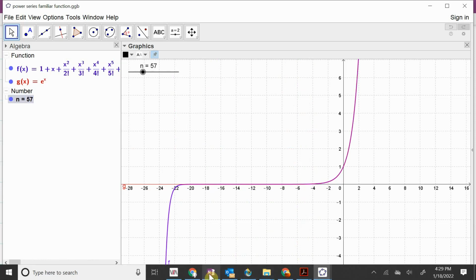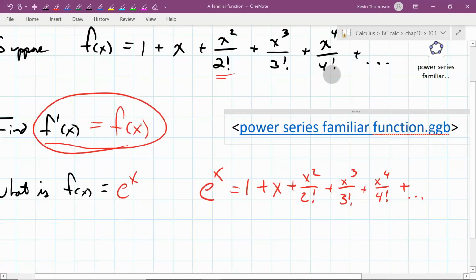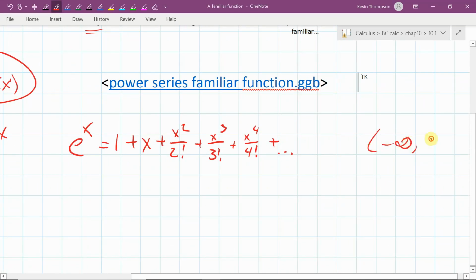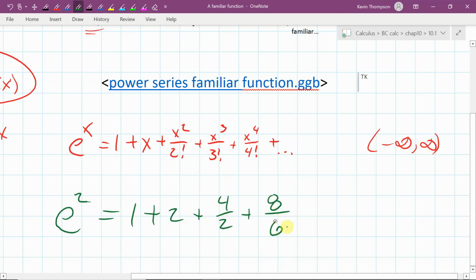Here's what that means. Last thought then. So the interval is negative infinity to infinity. And so that means if you want to know what e squared is, the number e times e, it must be 1 plus 2 plus 4 over 2 plus 8 over 6 plus dot, dot, dot, et cetera. You just substitute in a 2 everywhere you see an x. You want to know what e to the first is?